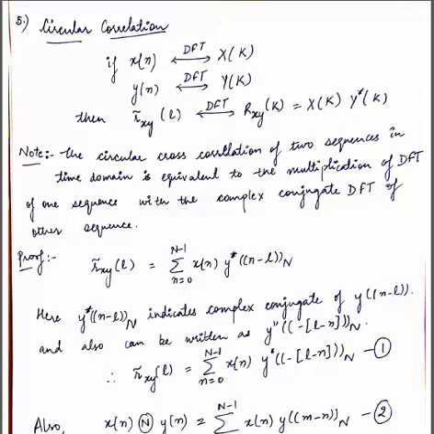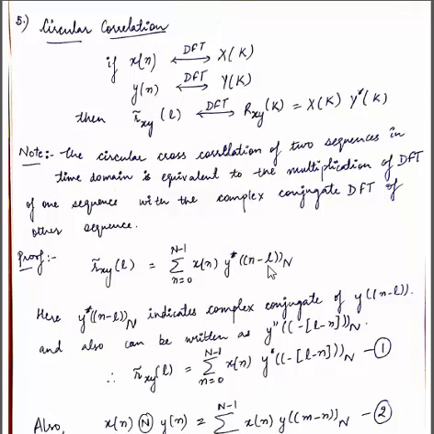Now we have to prove this. First of all, the circular correlation of two sequences, x of n and y of n, is given by Rxy of l, which is equal to summation n from 0 to N minus 1, N point DFT, of x of n, the first sequence, times y conjugate of n minus l, the second sequence.